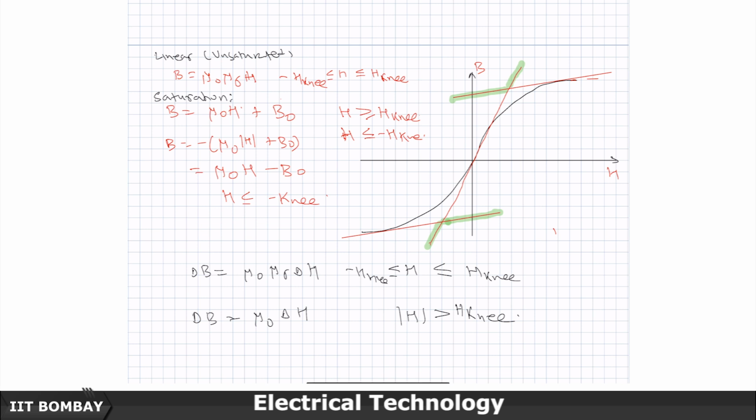Now, if I want a simple model which is free of discontinuity, then where is my knee point? My knee point is here, this has to be the H knee, this has to be the H knee point.